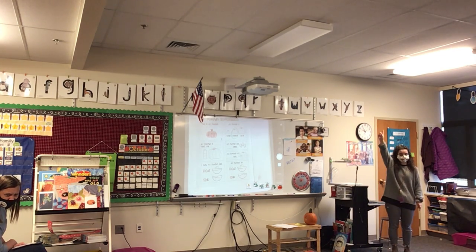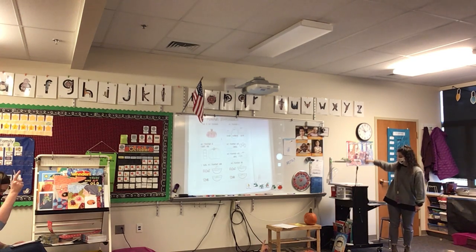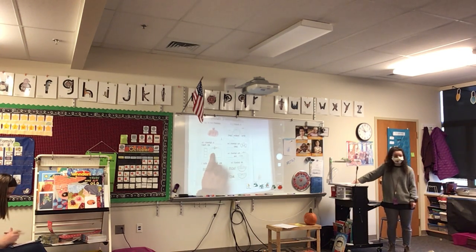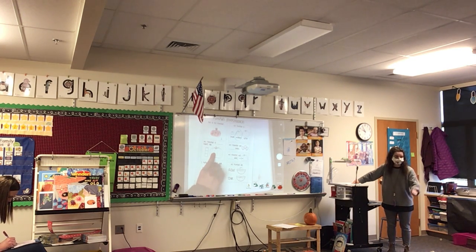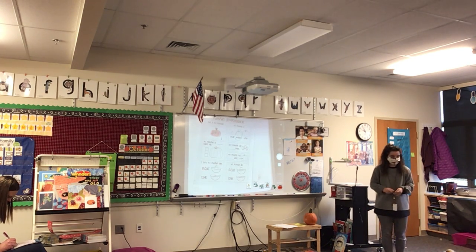Okay, so give me your pointer finger again. That way I know we're ready to move on. We're gonna go to this box. Point to this box. So this one, we're gonna need something else. So we're gonna get in our work box, but quietly, because we have friends back there working. So quietly get out some cubes.